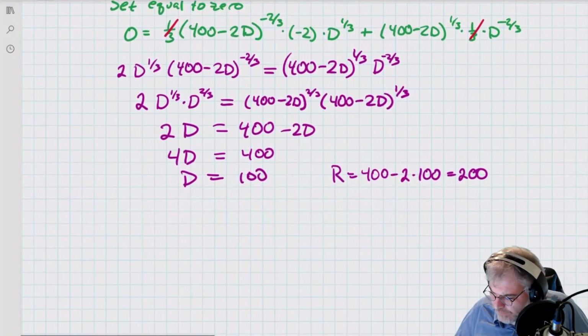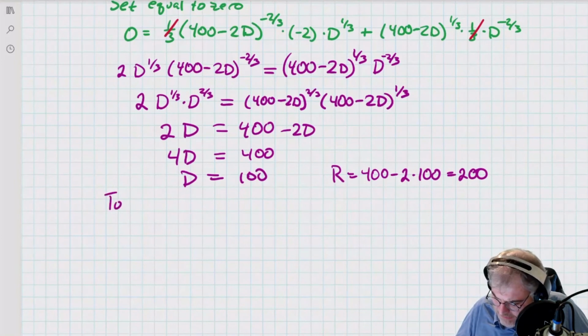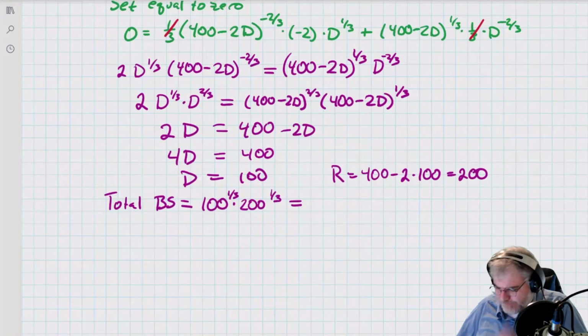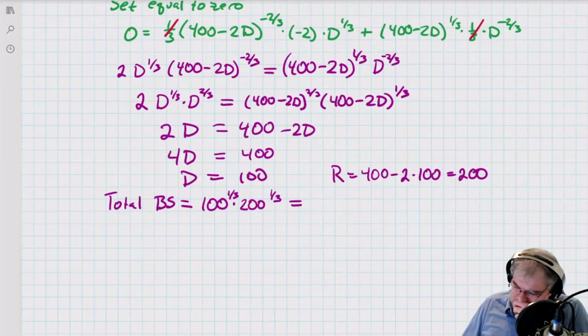So now my total BS equals 100 to the 1/3 times 200 to the 1/3. Oh, nasty numbers. Let's see.